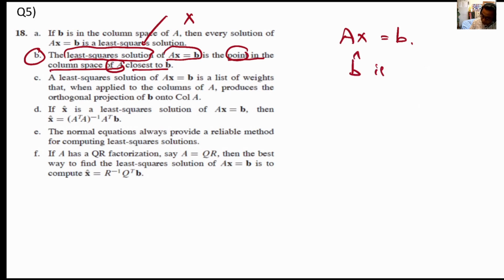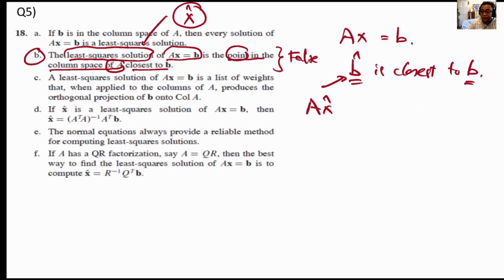To achieve B hat, we use AX hat. So the answer is false, because it is B hat that is closest to B, not the least squares solution, which is X hat.